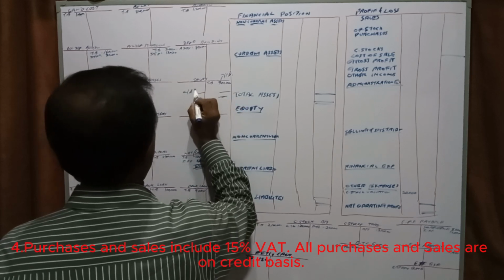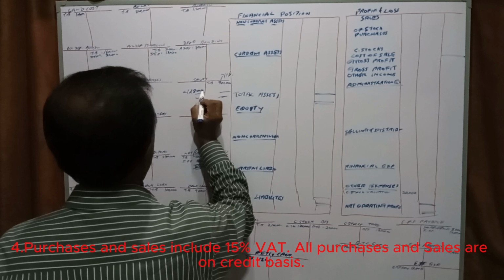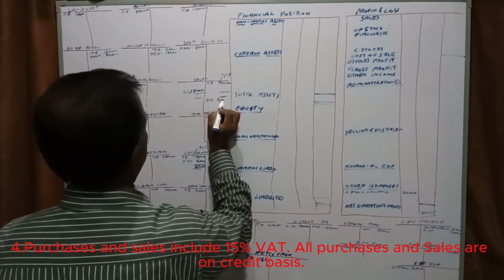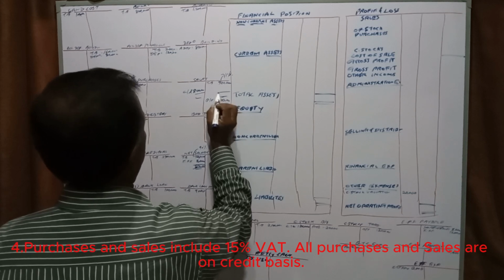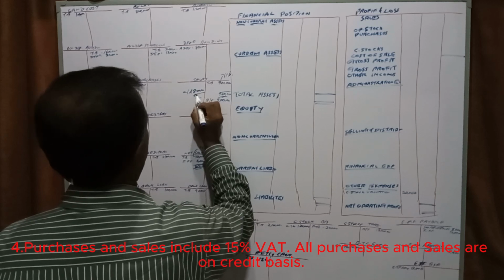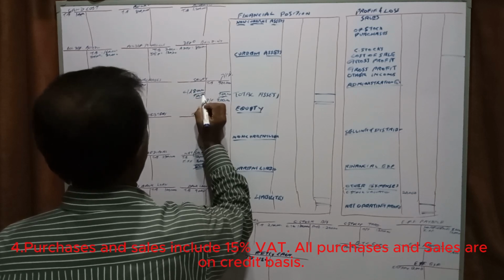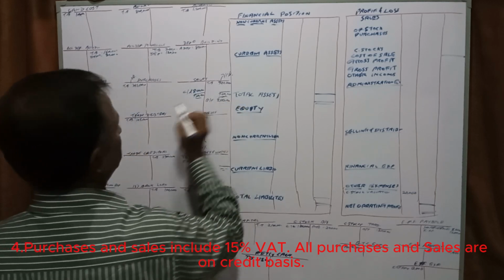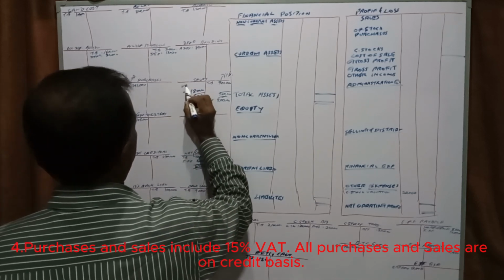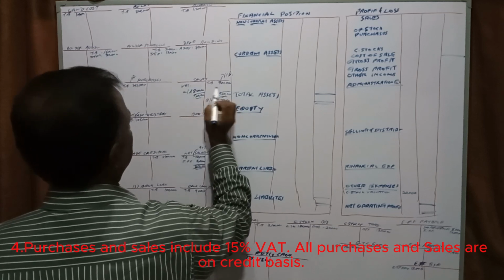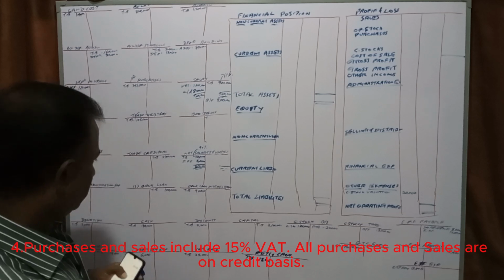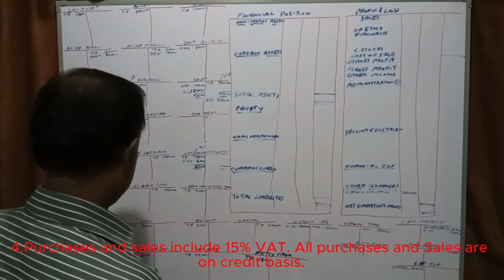Carried down balance should be 800,000, and brought forward balance should be 800,000 to the P&L. The VAT portion we have to exclude. VAT payable is 120,000.